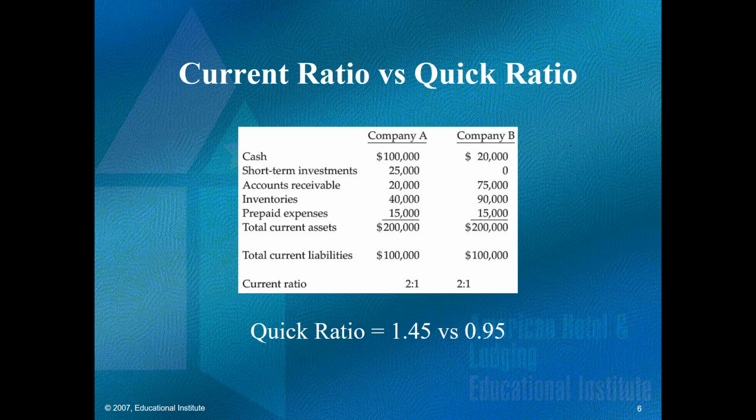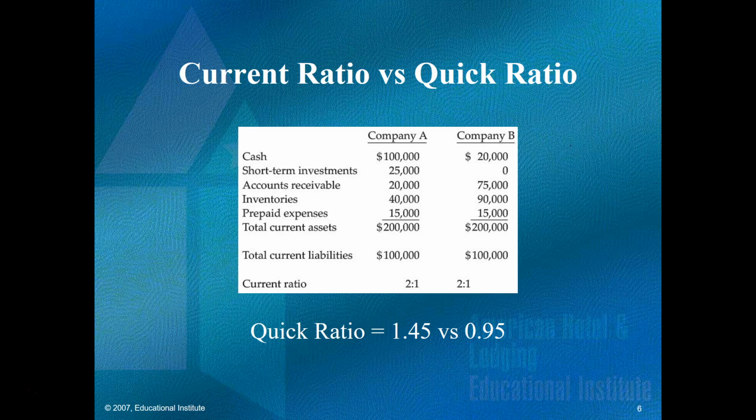If we start really taking apart the individual accounts and balances for our current assets, look at Company B. We've got a lot less cash there. We've got no short-term investments at all, but we've got a fairly high accounts receivable. We've also got pretty high inventories in Company B, and the same prepaid expenses for both companies.